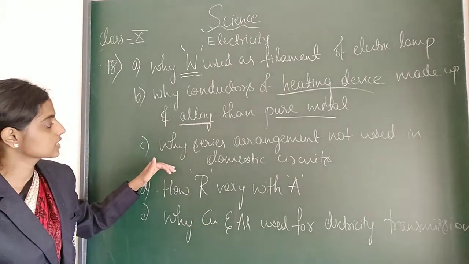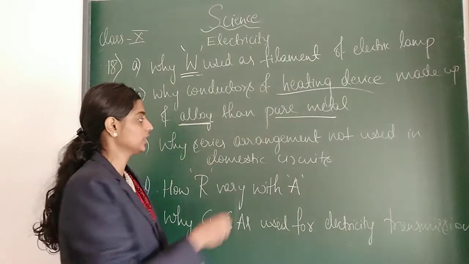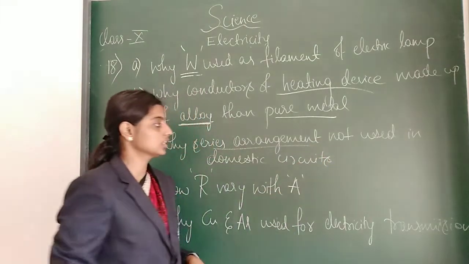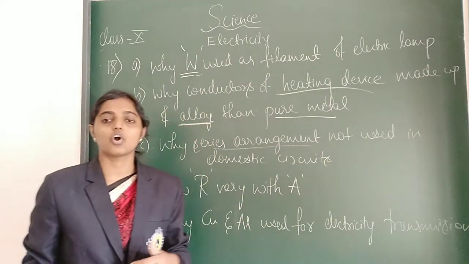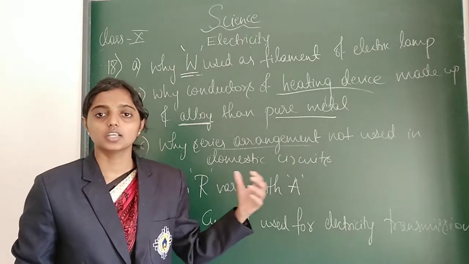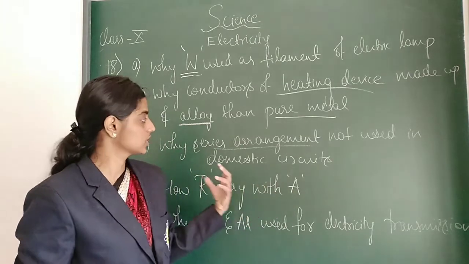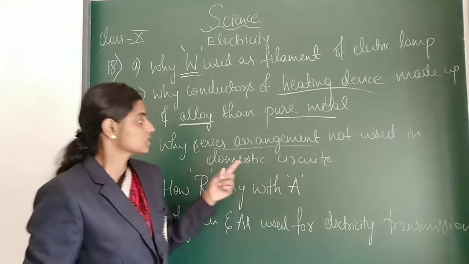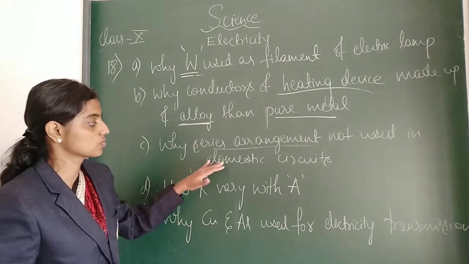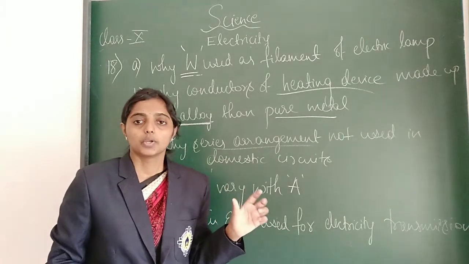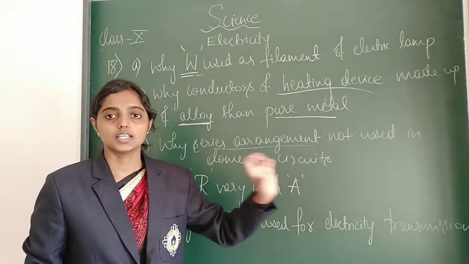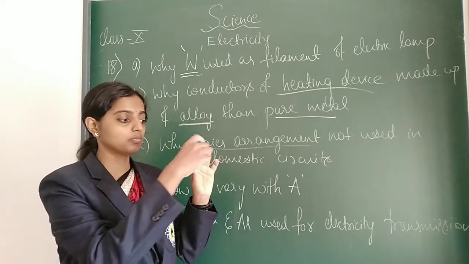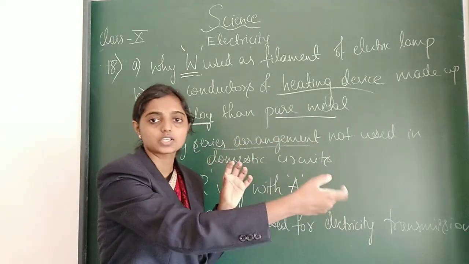And the next question is, why is series arrangement not used in domestic circuits, which we already know, right? We studied the advantages and disadvantages of series and parallel combination. Series arrangement is not used in domestic circuits because in series the current is the same, that is, current should pass from one appliance to the next one, right?